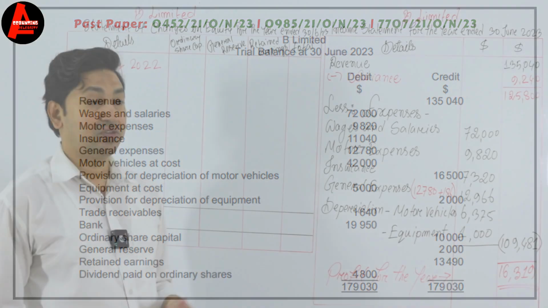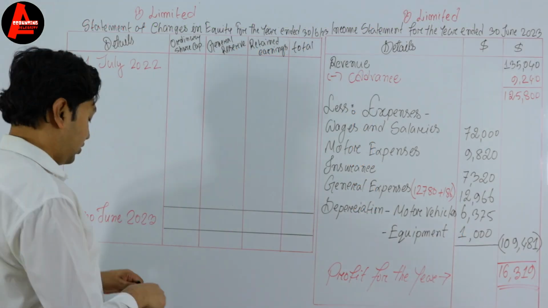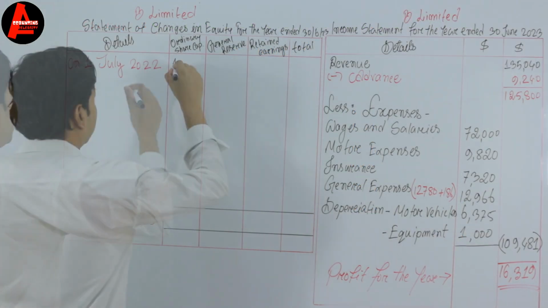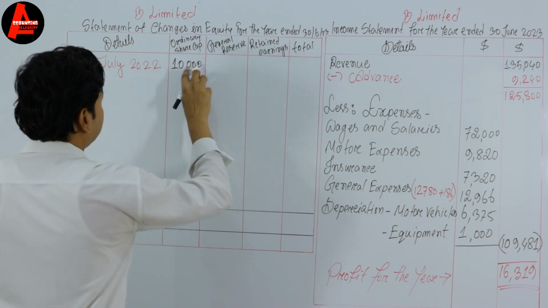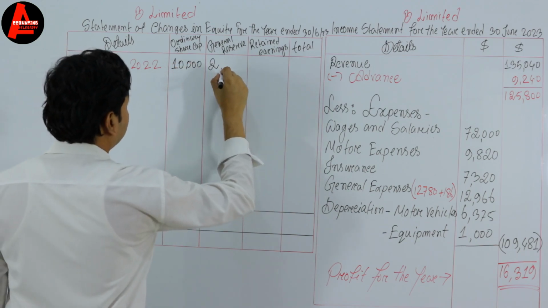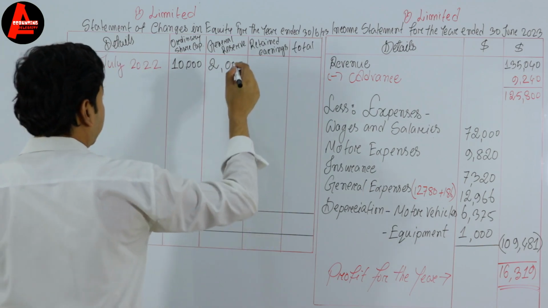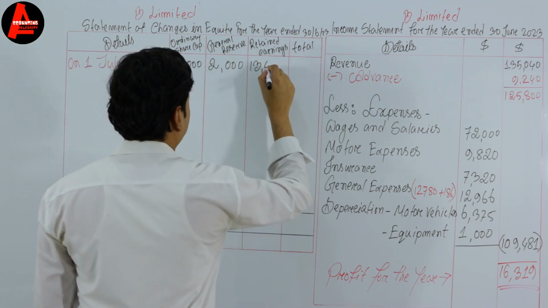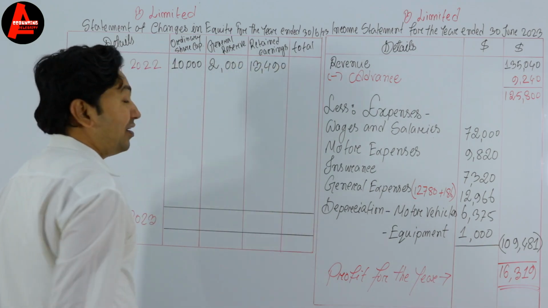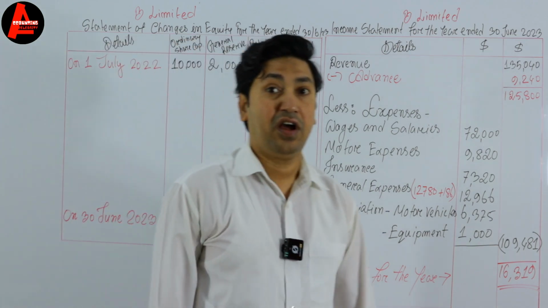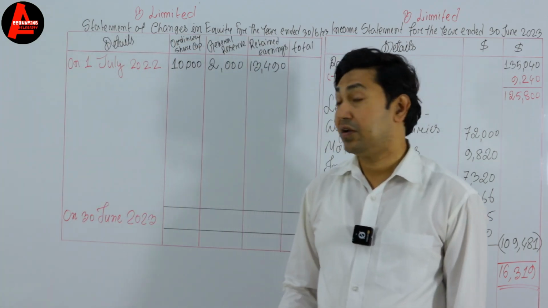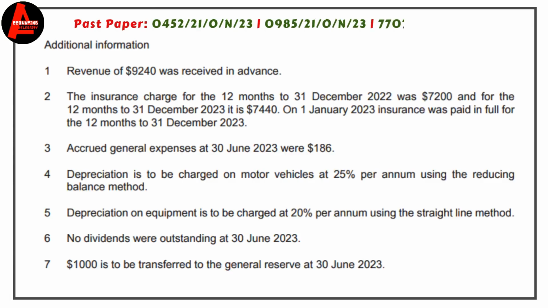So let us write these opening balances first: share capital $10,000, general reserve $2,000 and retained earnings $13,490.